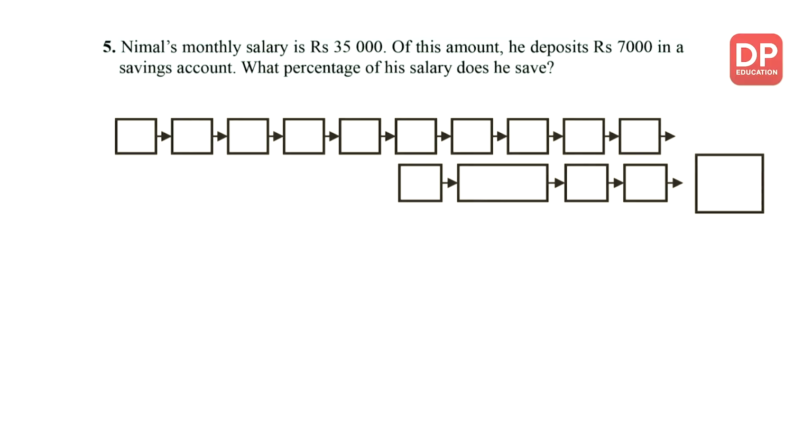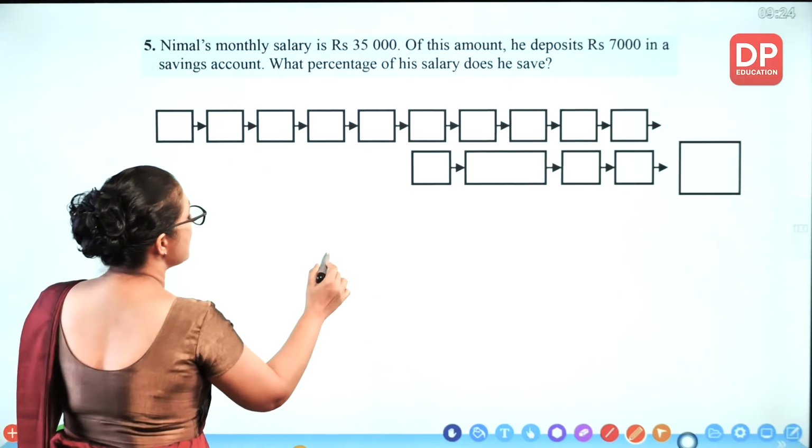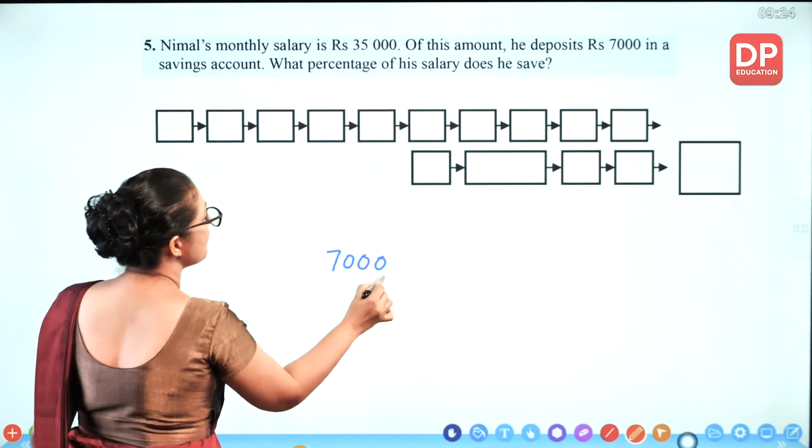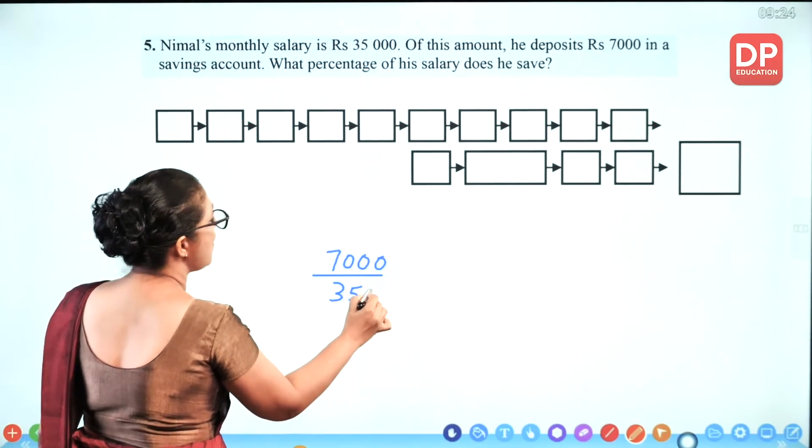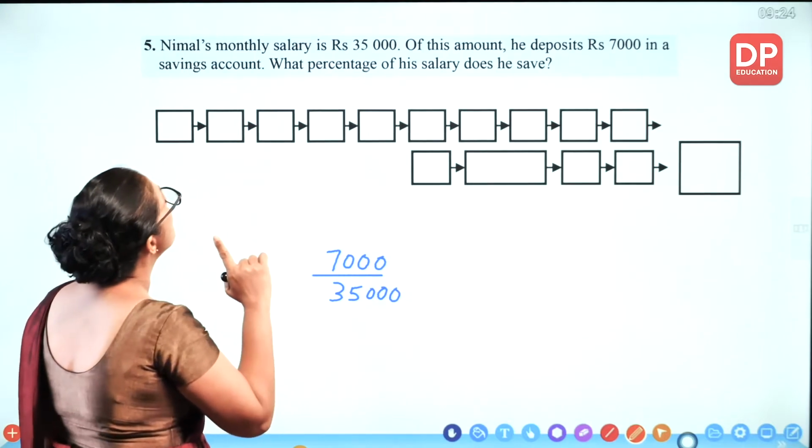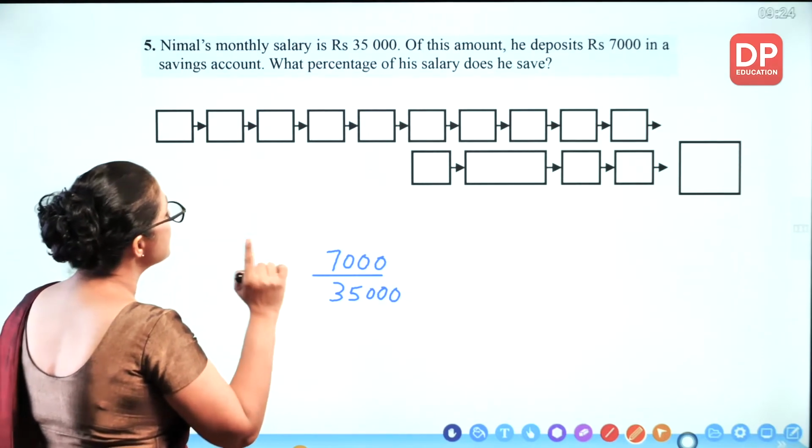Question number 5. Nimal's monthly salary is 35,000 rupees. Of this amount, he deposits 7,000 in a savings account. What percentage of his salary does he save? So that means 7,000 out of 35,000 rupees as a percentage.